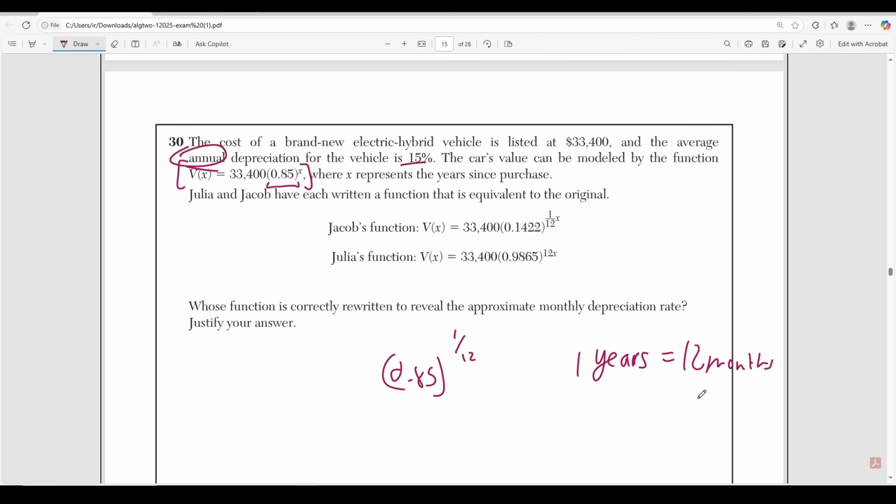So you know that 1 year is equal to 12 months. That means that if you want to solve for 1 month, you just have to divide everything by 12. So 1 over 12 has to equal 1 month. So if 0.85 is my yearly depreciation rate, and I know that 1 over 12 years is equal to 1 month, if I raise this to 1 over 12, I'm turning this yearly depreciation rate into a monthly depreciation rate.